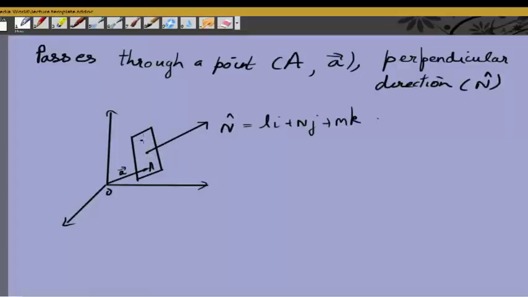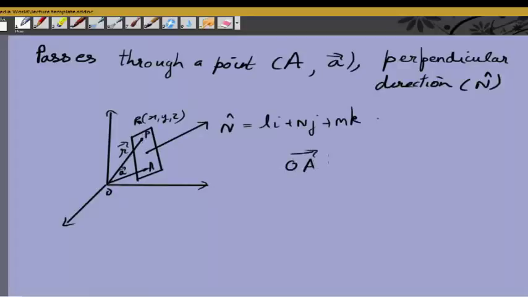Now we can just take any point which has coordinates x, y, z. Generally we take it to be P, so I'll just take it to be the point P with position vector r, coordinates x, y, z. Now once again we'll use the same trick we used in the previous case.